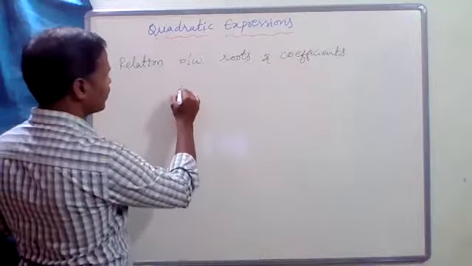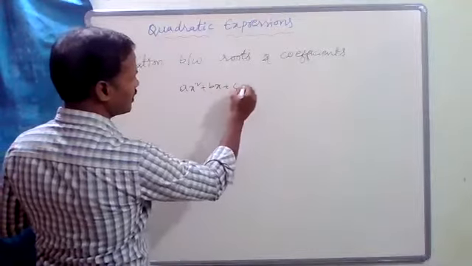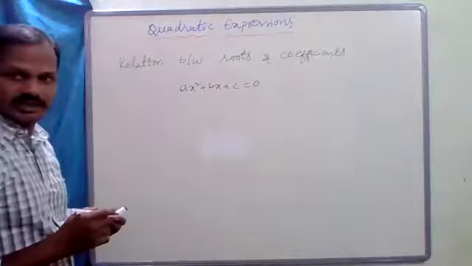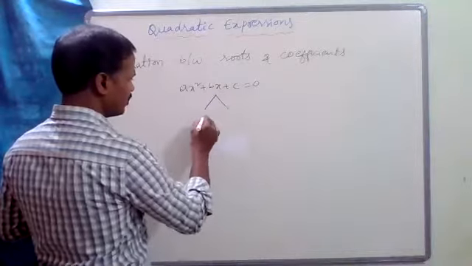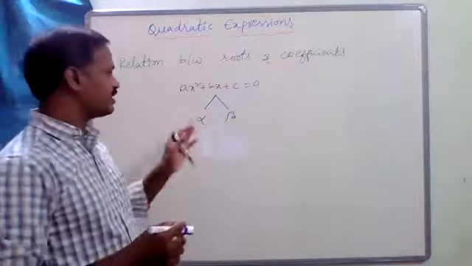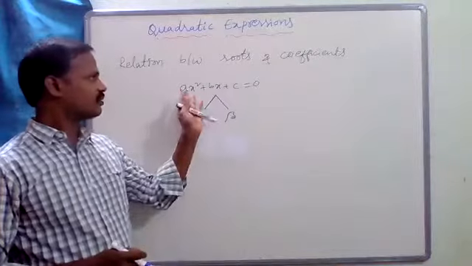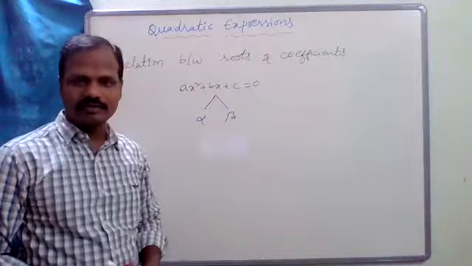So the given equation is ax square plus bx plus c equal to 0. This is the quadratic equation. Suppose it has 2 roots, let alpha, beta be the 2 roots. Then what is the relation between these coefficients a, b, c and the roots alpha, beta?